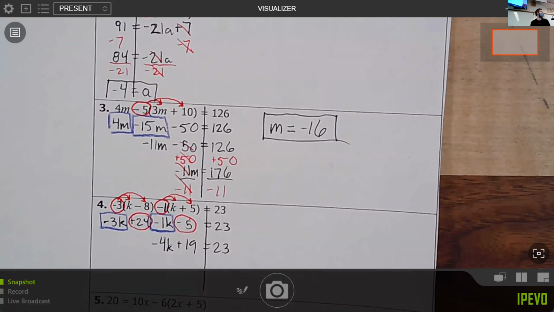What do we do next? What's our next step? Got 2 more things to do. What's the first one? Subtract 19.